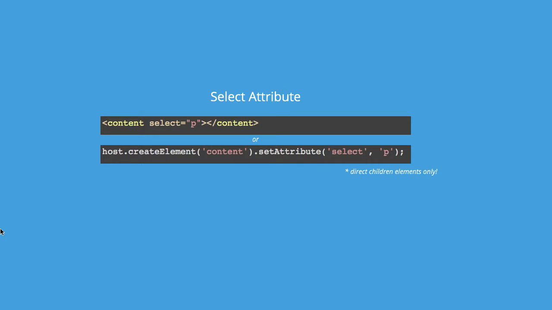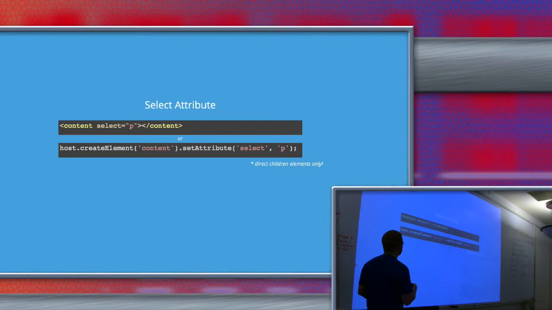So select is going to take the immediate child nodes, direct child elements only, not any descendant selectors, and it's only going to project those in your shadow tree. And we'll play around with that more to see what that feels like. But that means you can have more than one content element, and you can project these light DOM nodes into multiple places. And you can project parts of them into multiple places.